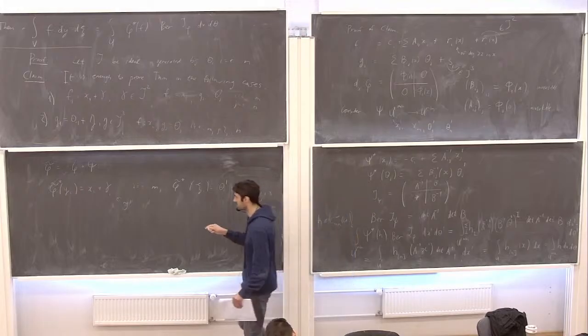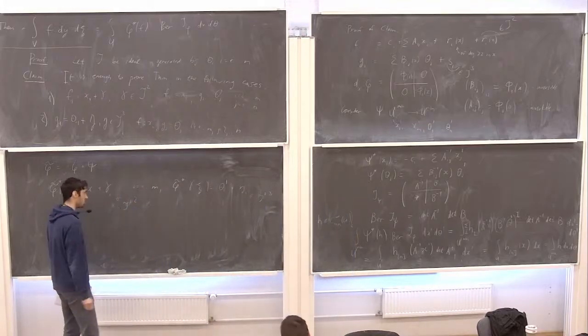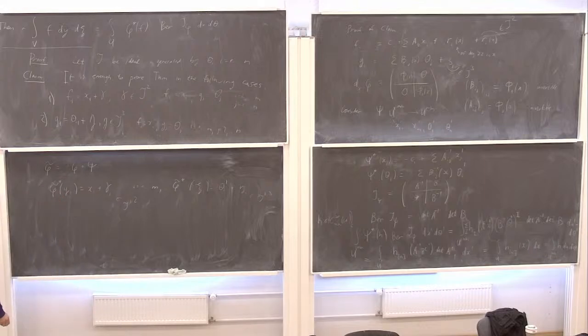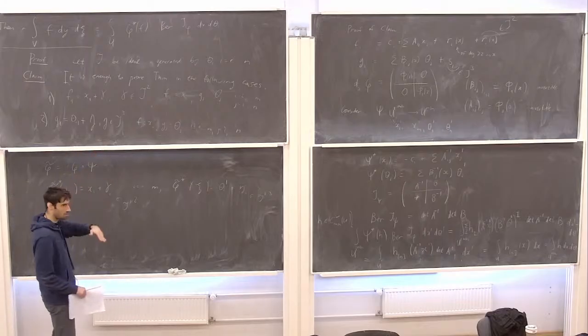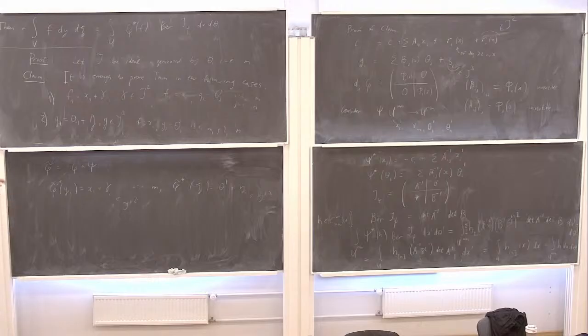Well, this one is even in the square of J prime. All right? We have now that the linear term is what we need, right? We just need to break this down into smaller pieces, into these cases.